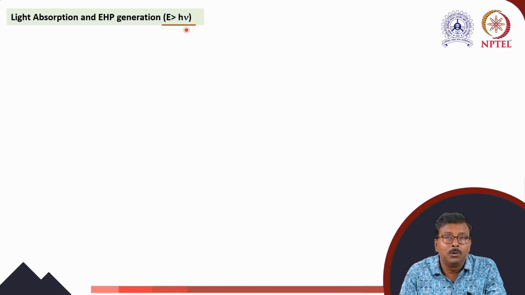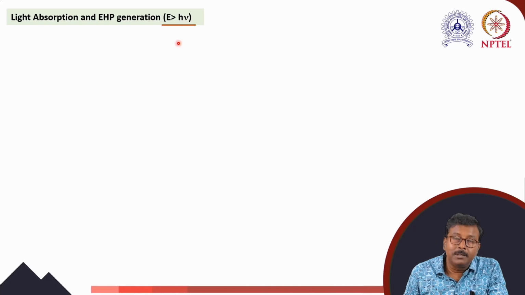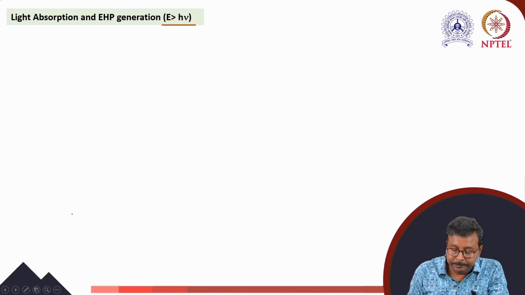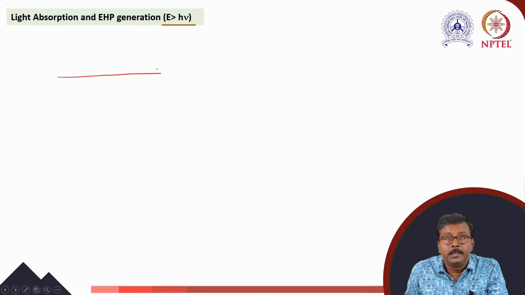In this way, electron hole pairs are generated. But consider the case where the energy of the photon is greater than the band gap energy. What will happen in that case? Say this is the conduction band minima, this is the valence band maxima.